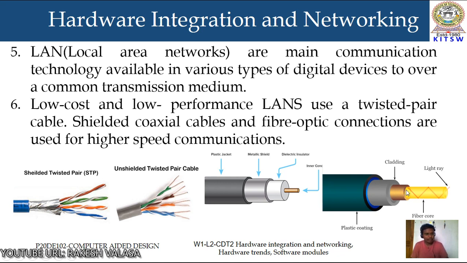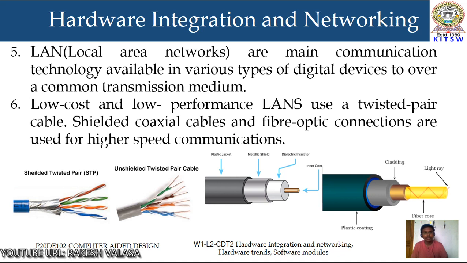A typical optical fiber consists of a core, a very narrow strand of glass, surrounded by cladding. Typical core diameter in optical fiber is 62.5 microns. This is the brief discussion about different types of cables used in hardware integration and networking.